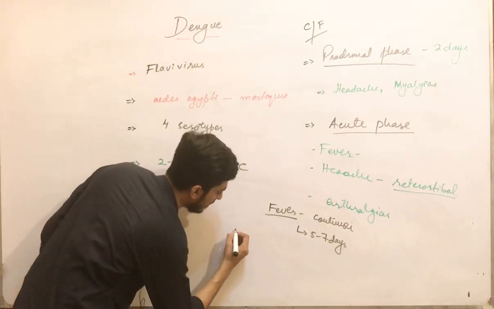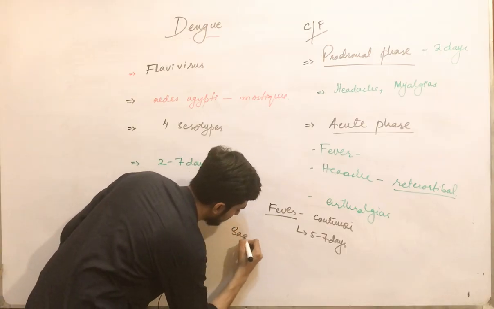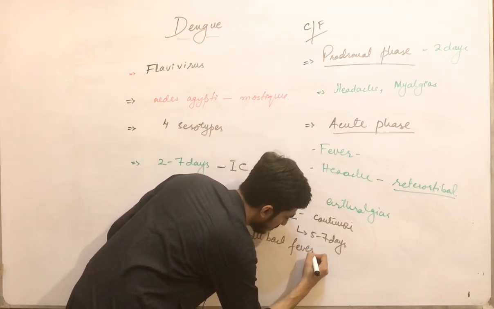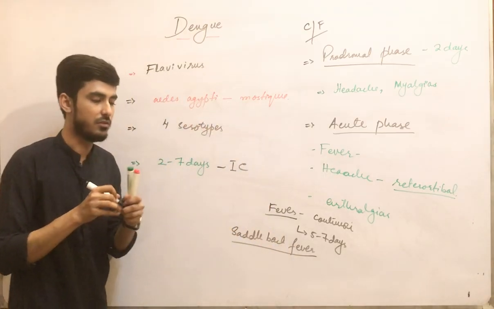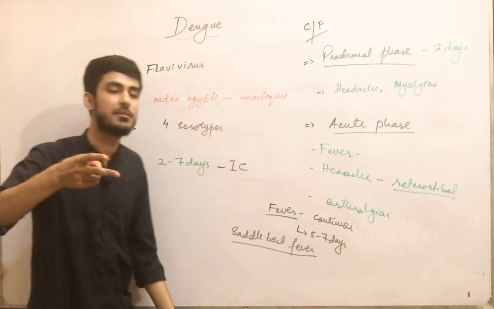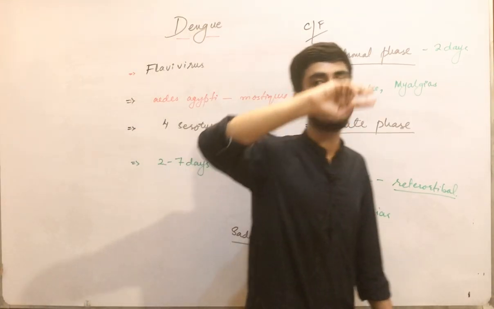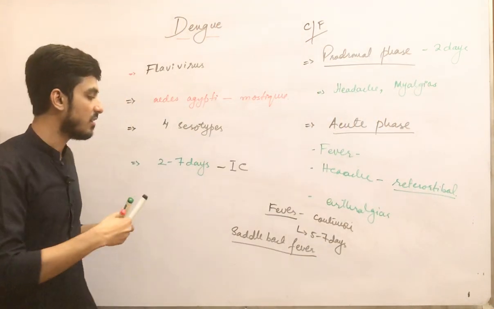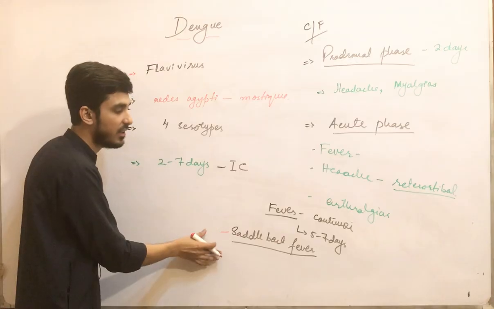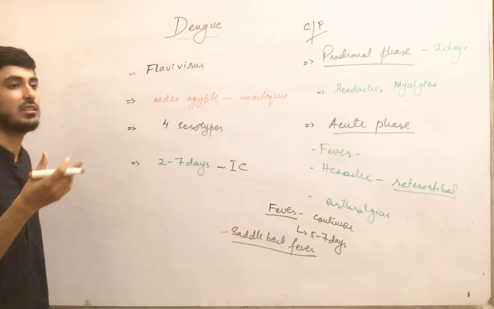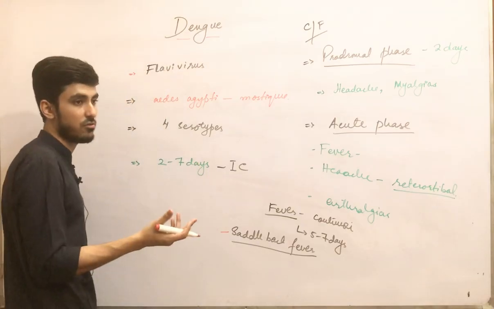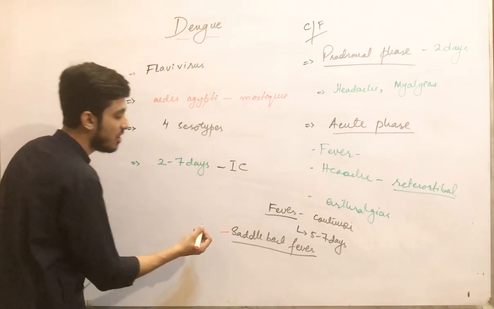And there is also a type of fever called the saddleback fever. This is a biphasic pattern of fever, meaning a sudden rise in the fever and after that a fall. It is not very specific for dengue. It can also occur in other viral infections like chikungunya.